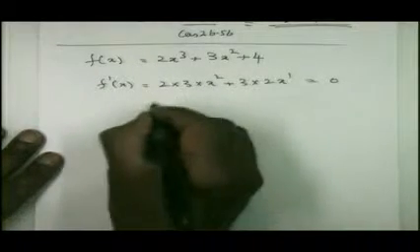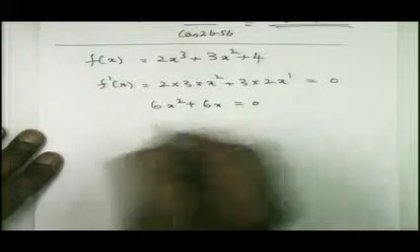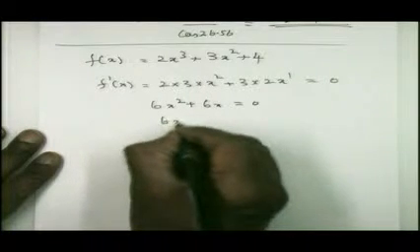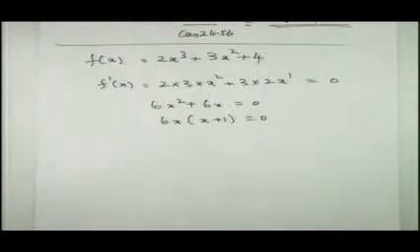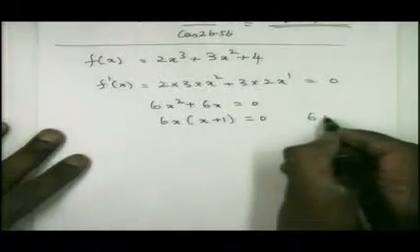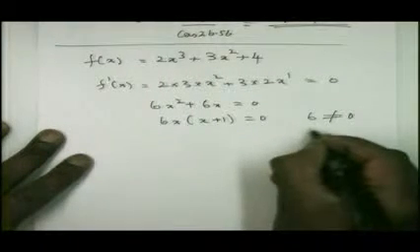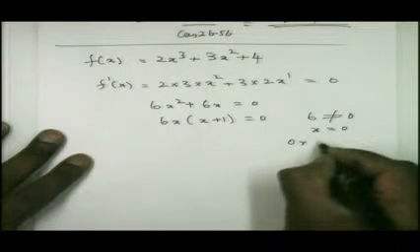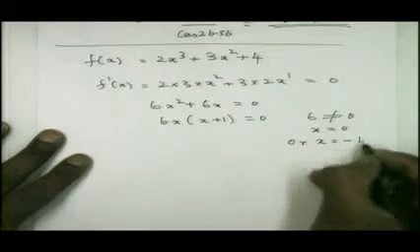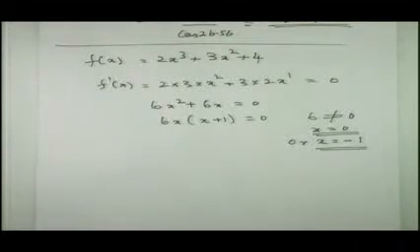That leaves me 6x squared plus 6x equal to 0. In other words, 6x times (x plus 1) equal to 0. 6 cannot be 0, I know that. So x is equal to 0, or x is equal to minus 1.